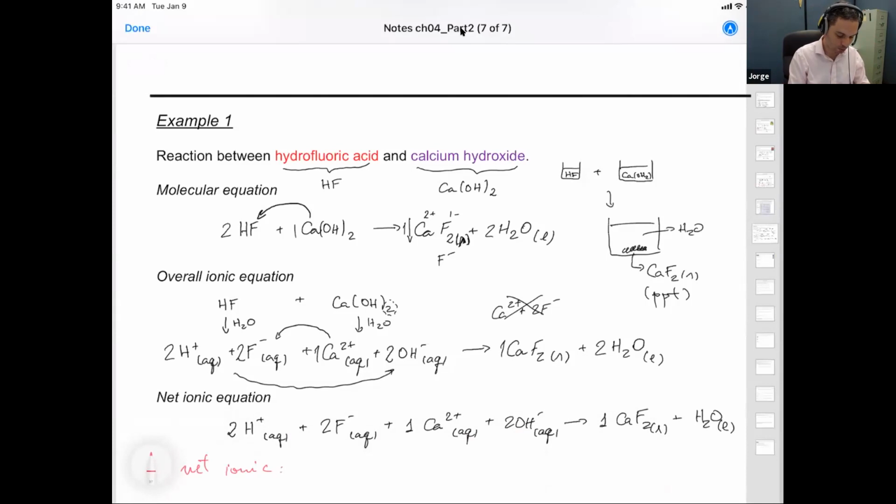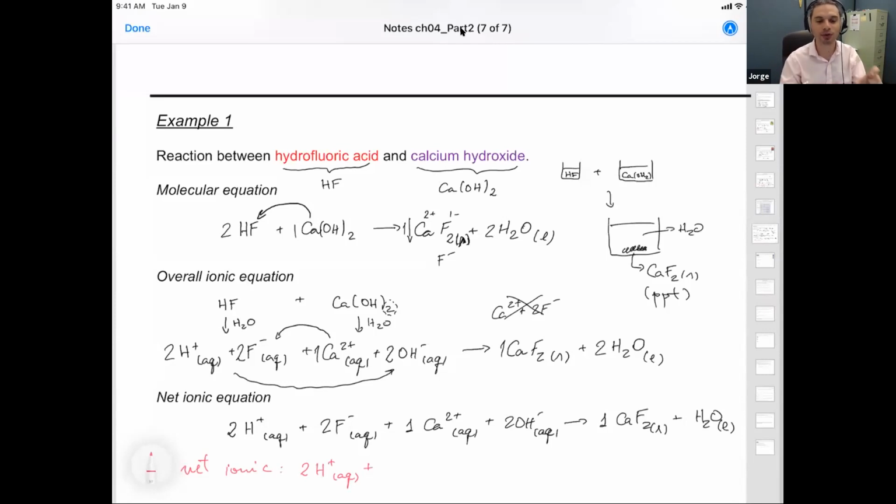So let's start with H plus. H plus shows up in the reagent side, but does not show up in the product side, therefore cannot be canceled. Let's keep it as H plus. Now let's take a look at fluoride. F minus shows up in the reagent side, but does not show up in the product side.